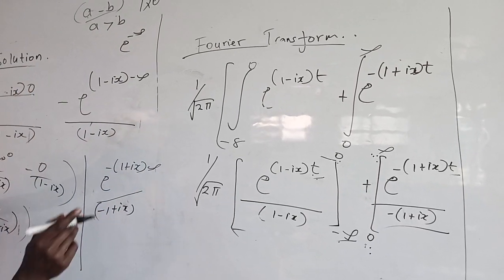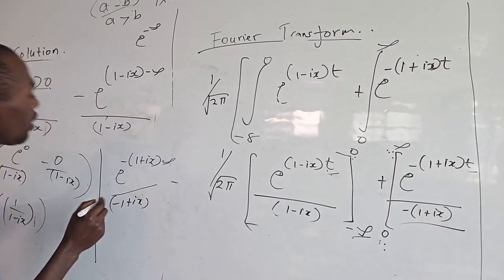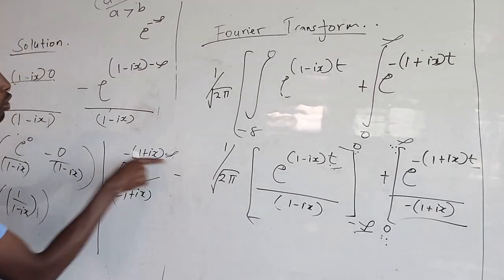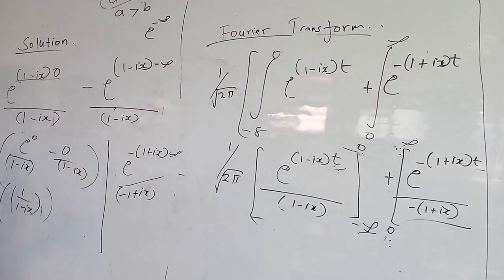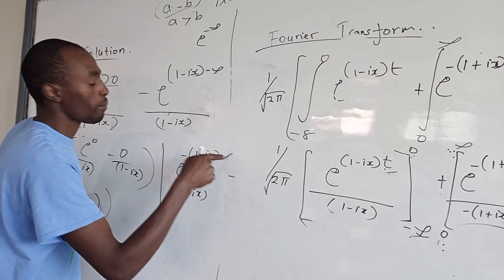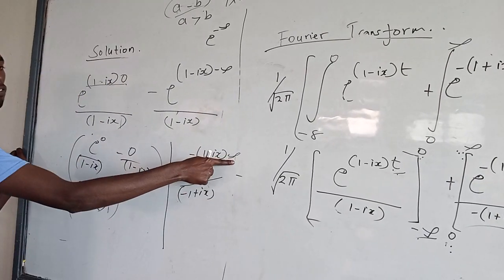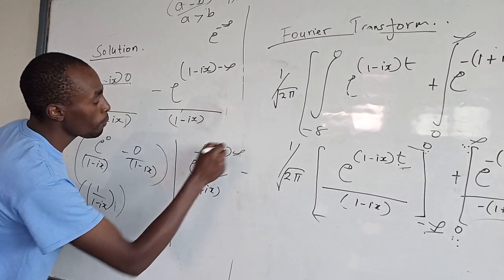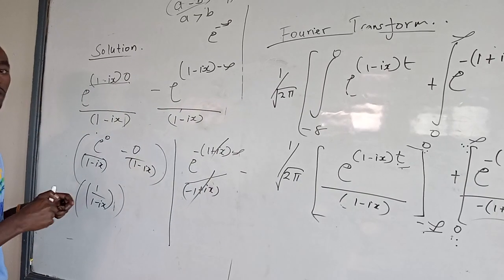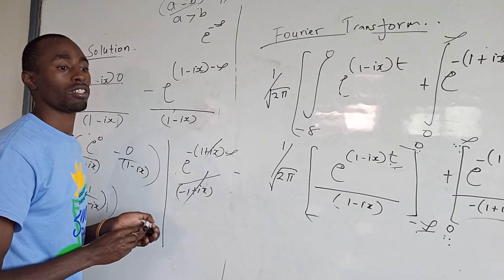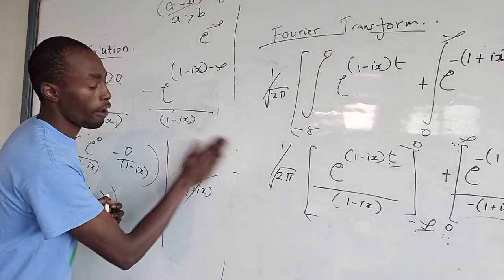When you put this one, we said previously that when you raise a number to infinity it becomes 0. So this one and this one cancel, because 0 divided by a number is 0. Are we together?